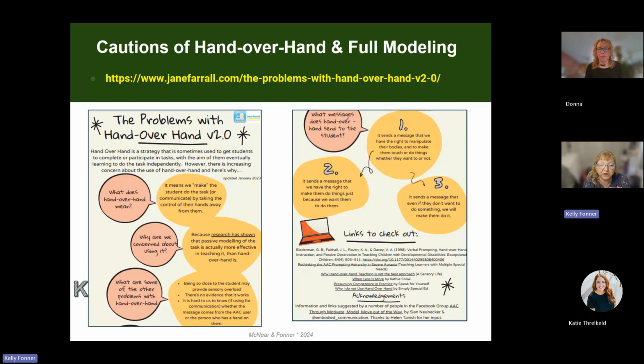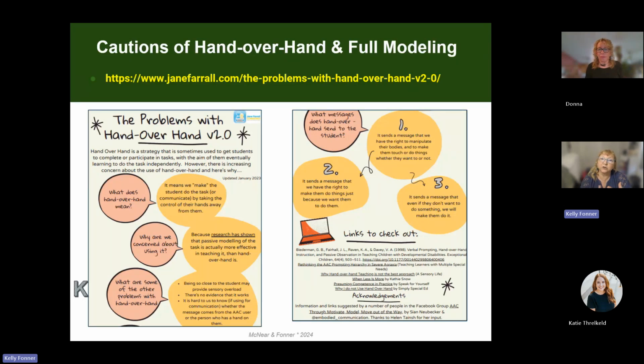Some of the big cautions about hand over hand are about being so close to a student. It's hard for us to know whether the message comes from the student or from the person who has their hands on them, especially as it relates to augmentative and alternative communication.